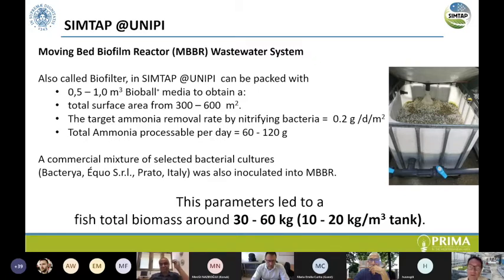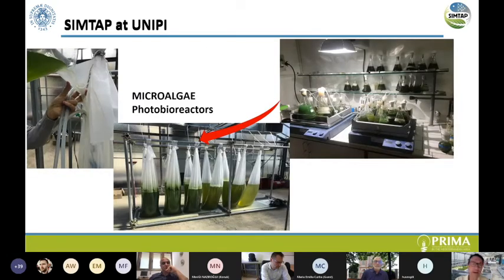So in our actual system, we can cope with a presence of 30 up to 60 kilos of fish in the system. I want to talk about some results now of our experiments.